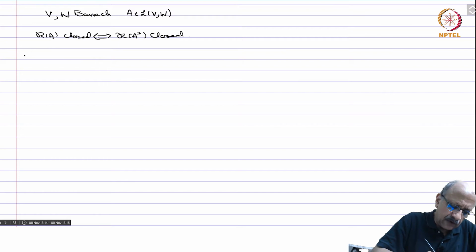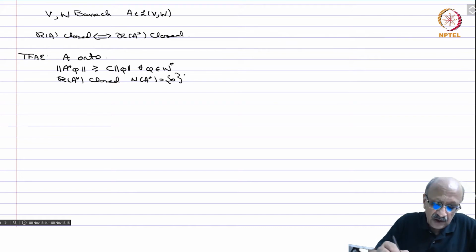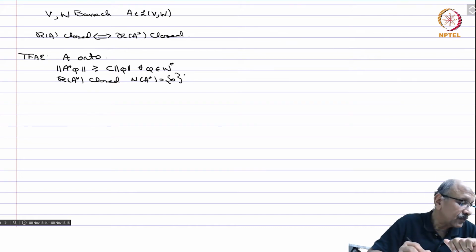And then we had the following result, namely A is onto, and then norm of A star phi is greater or equal to C times norm phi for every phi in W star, and then range of A star closed and null space of A star equal to 0. So these are all equivalent to each other, and this is the theorem which we had.